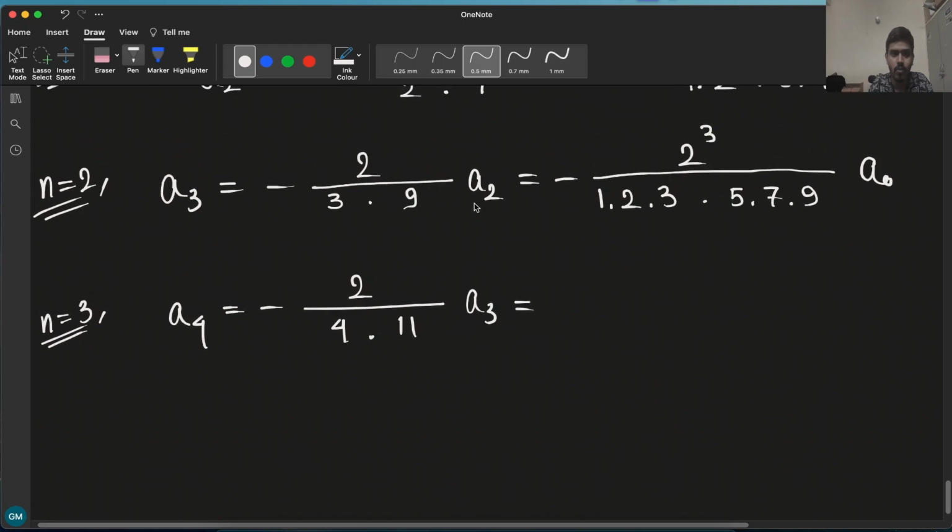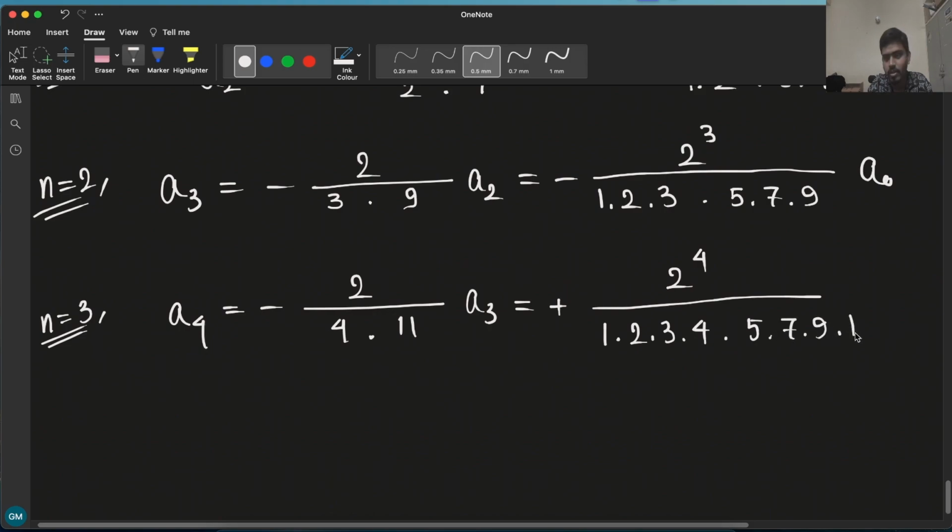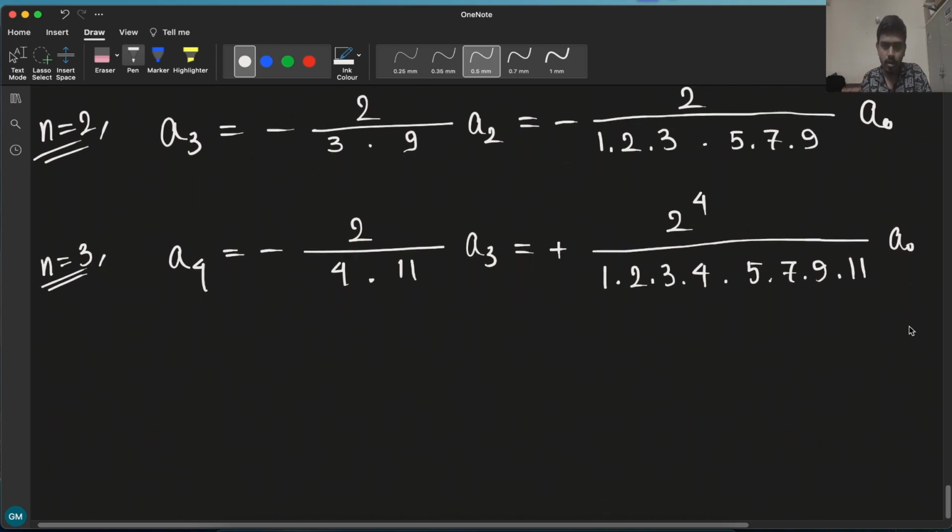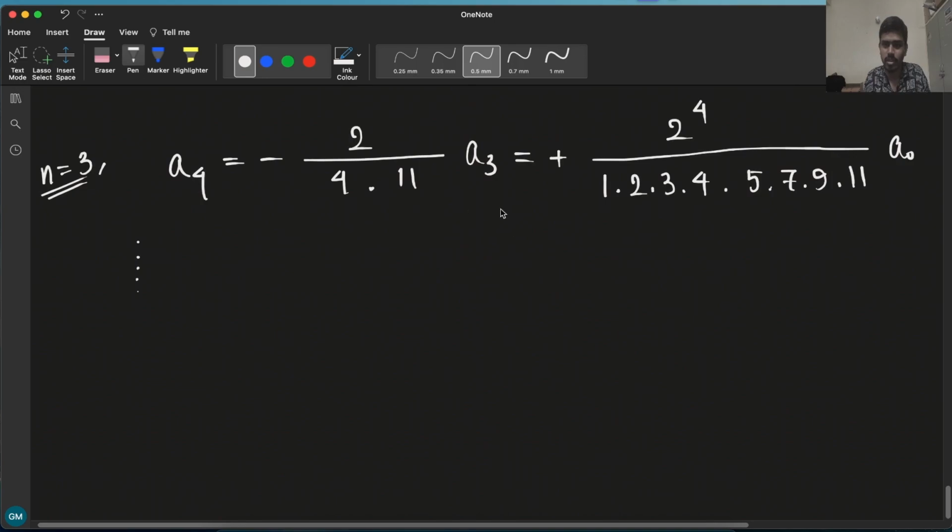Then I put the value of a3, which gives plus 2 to the power 4, because there is 2 cube here. So 2 to the power 4 divided by 1 times 2 times 3 times 4 times 5 times 7 times 9 times 11 times a0. In this way it will proceed. Basically, you can now see the pattern.